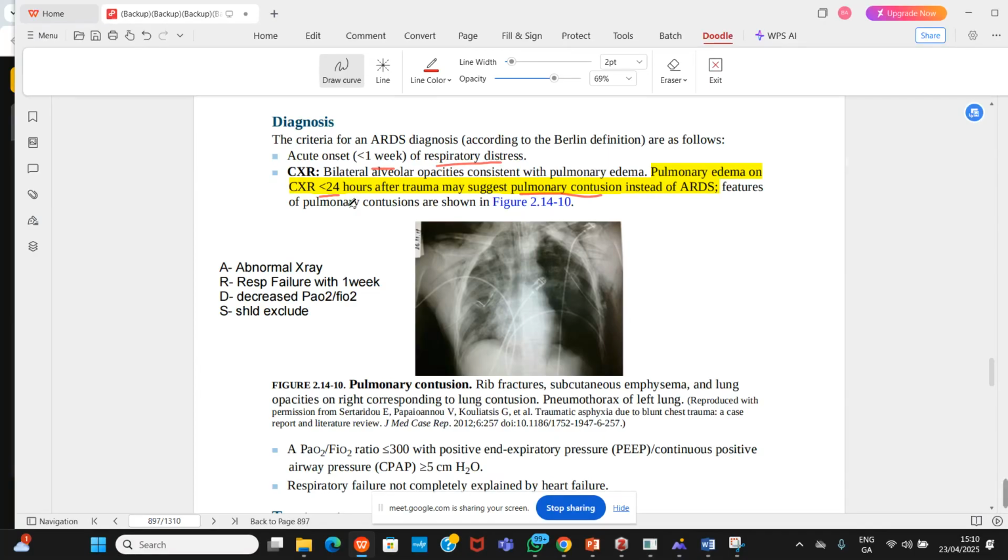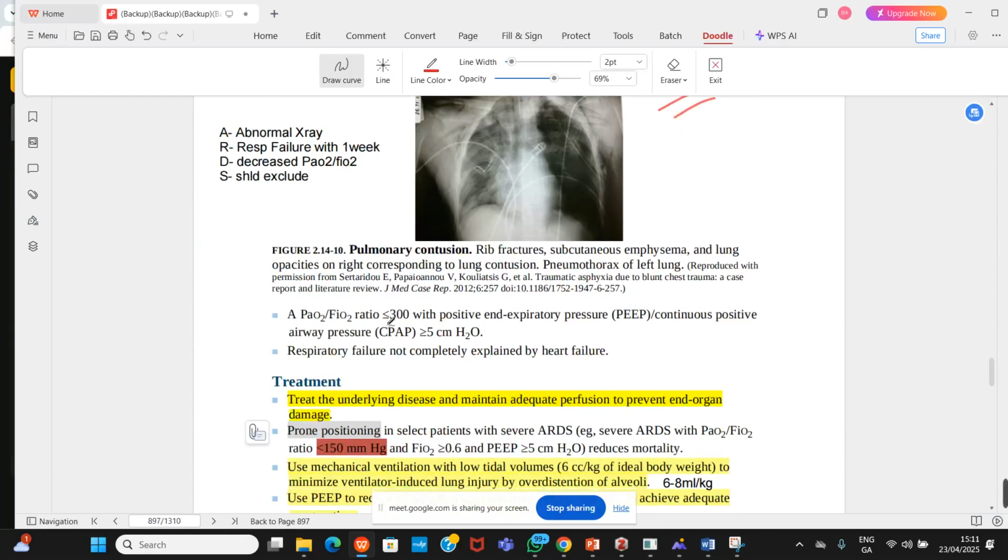But the point still remains that in people with ARDS, you will not see the X-ray changes before 24 hours. You will not. Because don't forget, it is an inflammatory response that is driving all that endothelial damage that's allowing fluid to seep out. So you need a minimum of 24 hours for all those things to happen before you can start seeing the bilateral alveolar opacities.